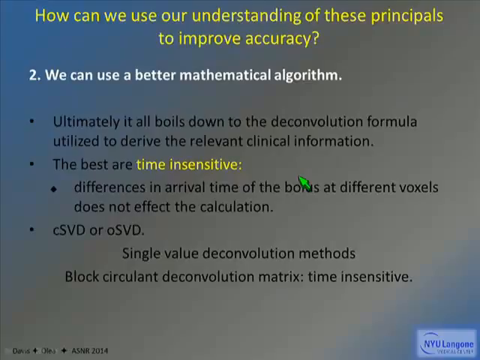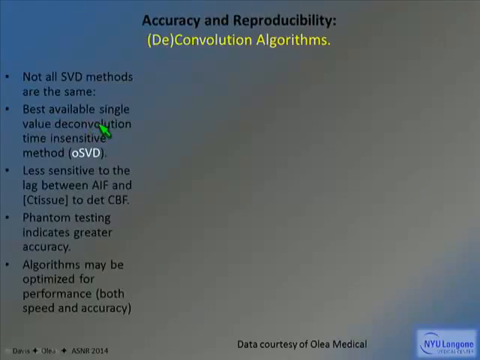Two, we can use better mathematical algorithms. Ultimately, it all boils down to the deconvolution formula. The best are time insensitive because the delay has less of an effect on your results. The best single-value deconvolution methods are the time-insensitive ones, such as oSVD, or oscillating single-value deconvolution.